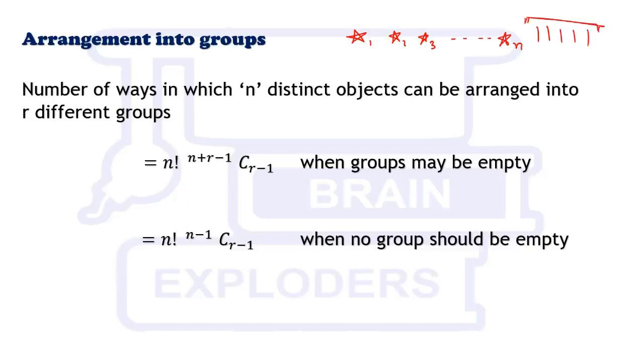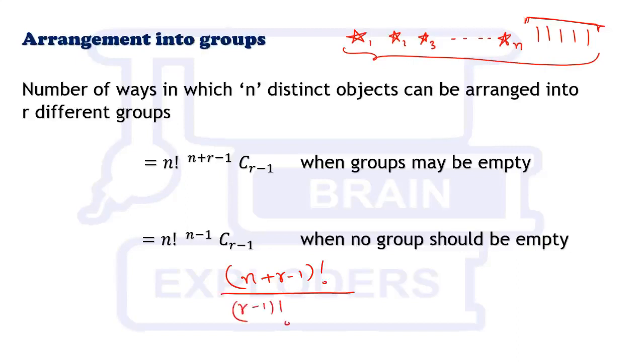So when we find their permutation, we will get (n plus r minus 1) factorial over (r minus 1) factorial, and this is equal to n factorial multiplied by (n plus r minus 1) c (r minus 1) written over here, and in a similar way the next case may be obtained.